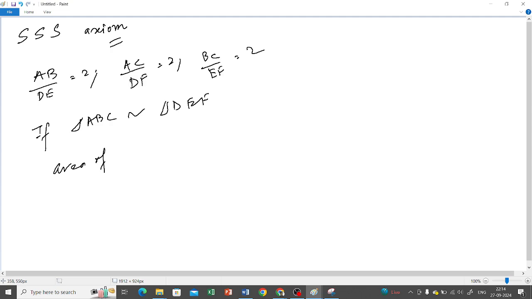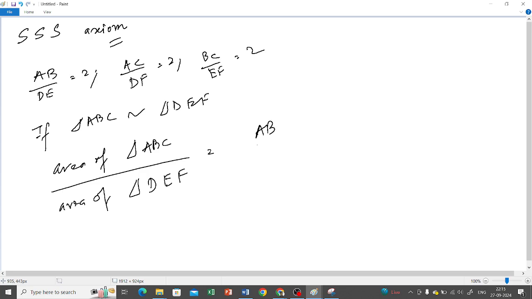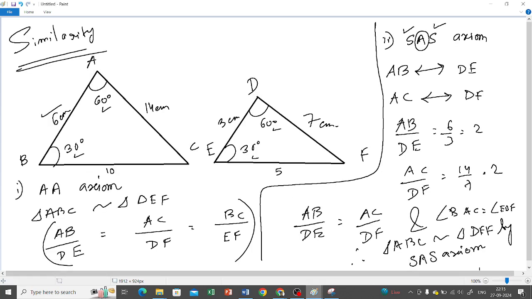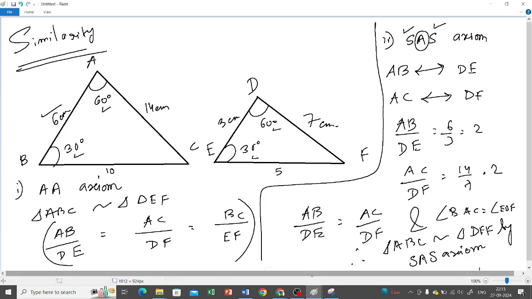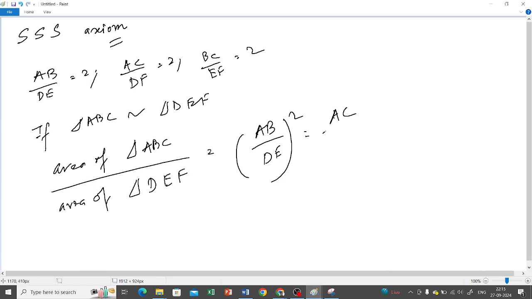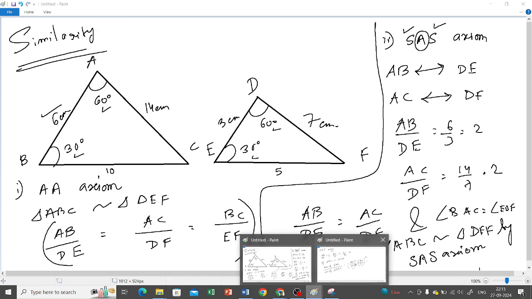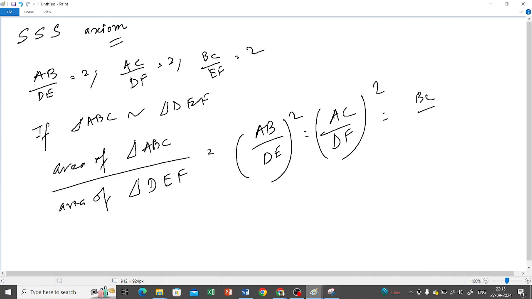The area of triangle ABC by the area of triangle DEF is equal to AB by DE whole square, which equals AC by DF whole square, which equals BC by EF whole square. All right.